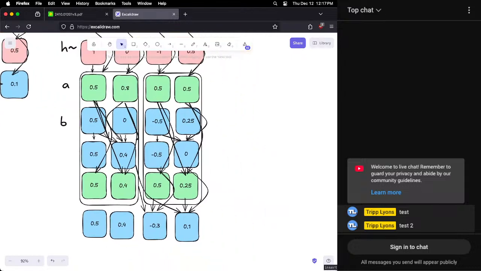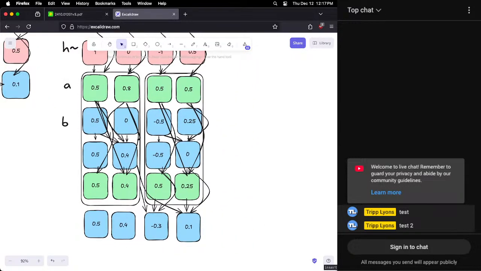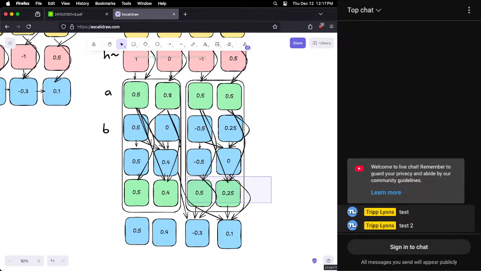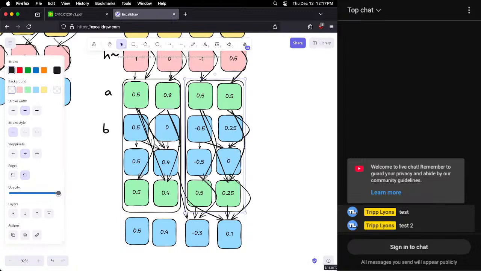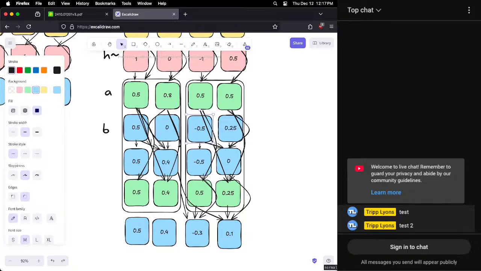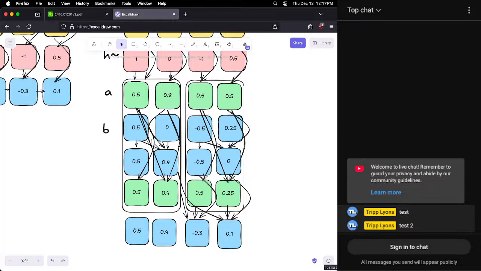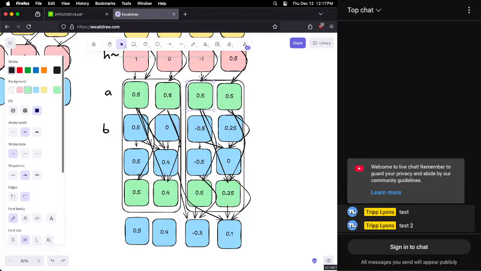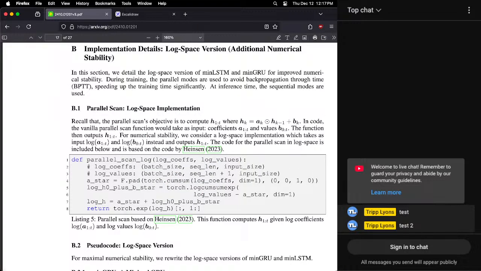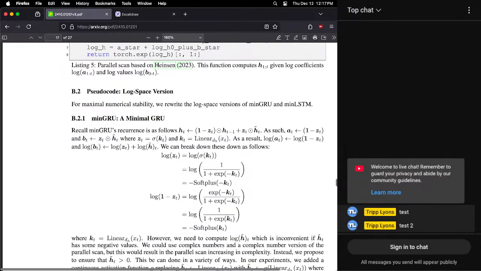Instead of needing to multiply the previous value by the, I guess, I mean, here I have negative values, but if you made all the values positive, you would be able to take the log and then just add them together instead of needing to multiply the weight A by the content B. Okay. And then yeah, here.